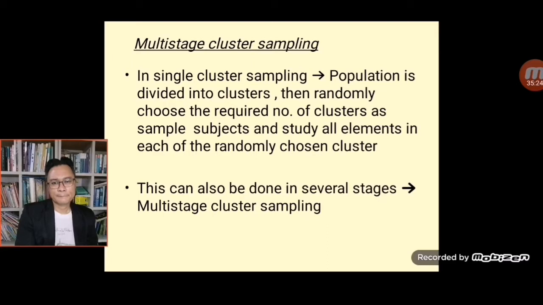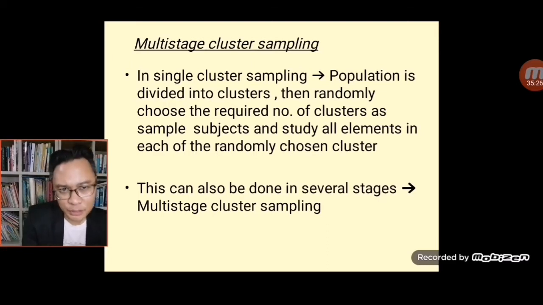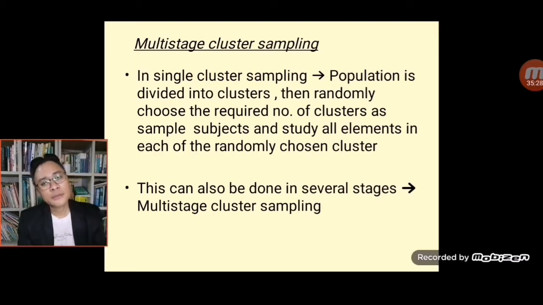Kalau pilih third interval, kalau pilih second interval dapat berapa? 50 biji rumah. 200 bagi 2, 100. Dapat 100 biji rumah. Kalau pilih fifth interval, you will get 40 units of house. Kan? Itu multi-stage.